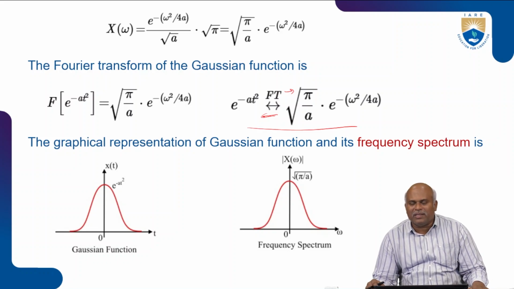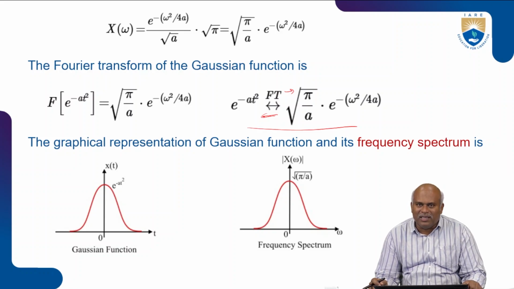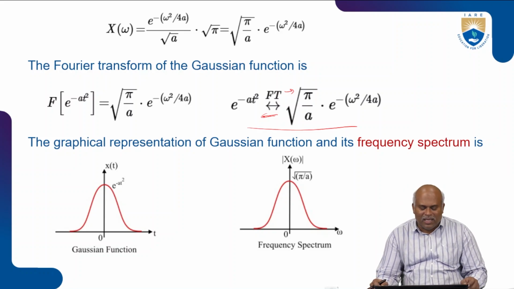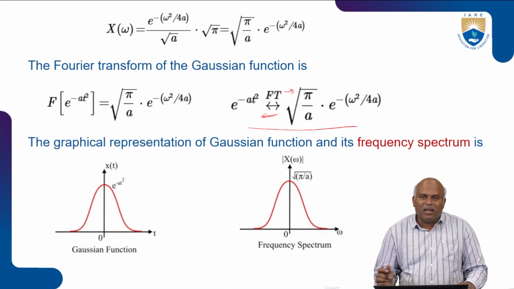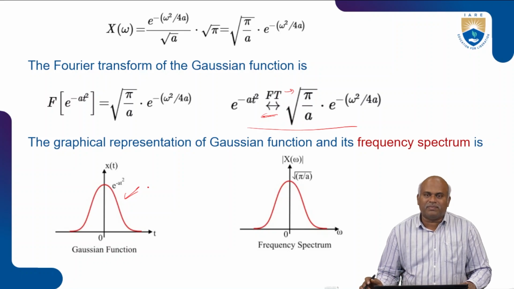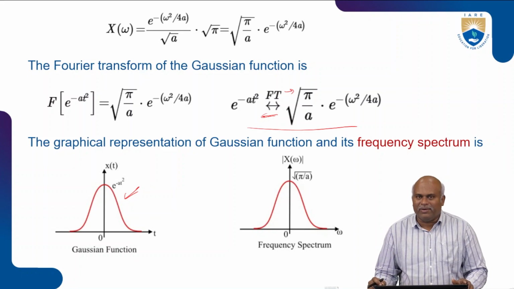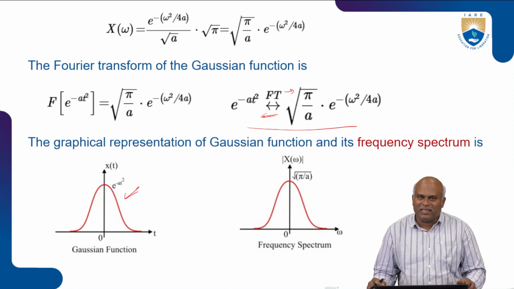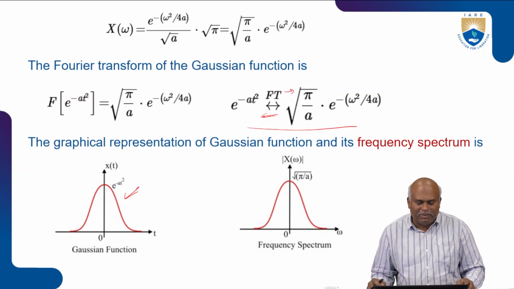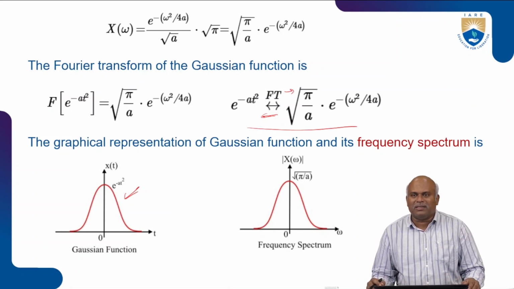Now we can represent the Fourier transform of the Gaussian function in a graphical model. The graph of the Gaussian function will be like a bell-shaped curve. Both the left side and right side will have similar amplitude and similar signal characteristics. The maximum amplitude is represented as e power minus a t square. Next, we go to the magnitude response of the Gaussian function.